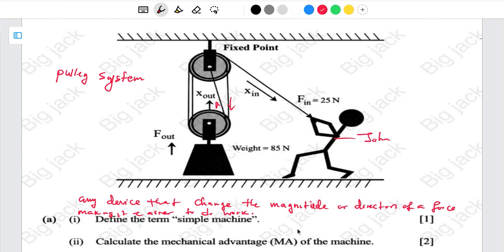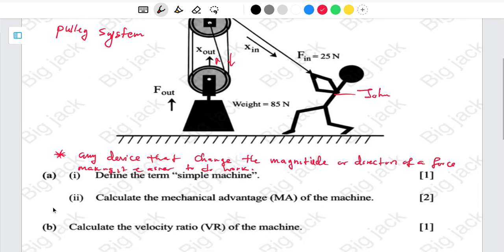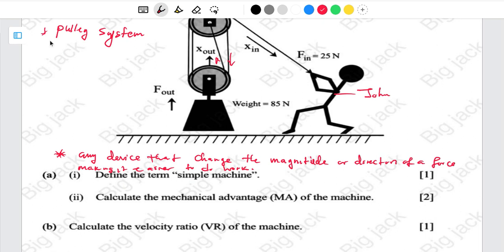So that is the definition of the simple machine. Or you can say a simple machine is any device that overcomes a big load by using less effort. So in that way, you'll be able to define what a simple machine is. We also have levers. A lever is also a simple machine.